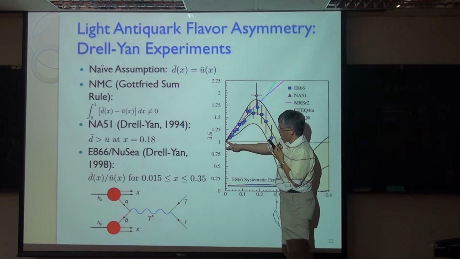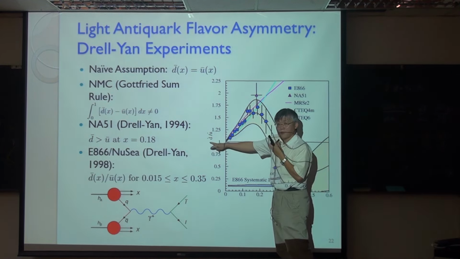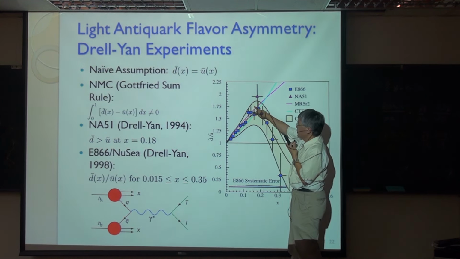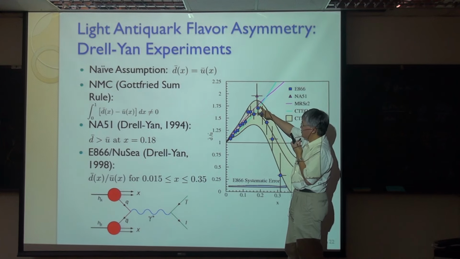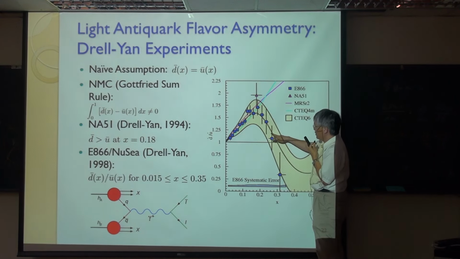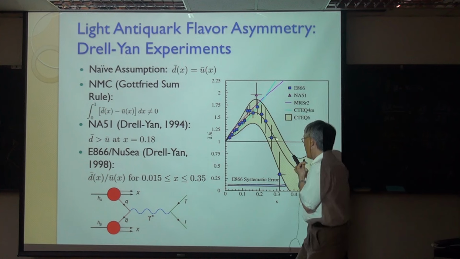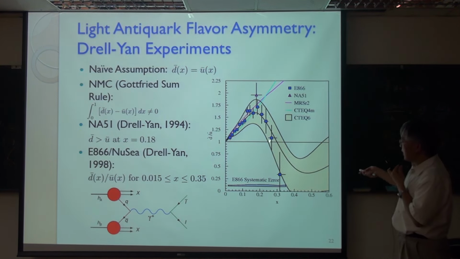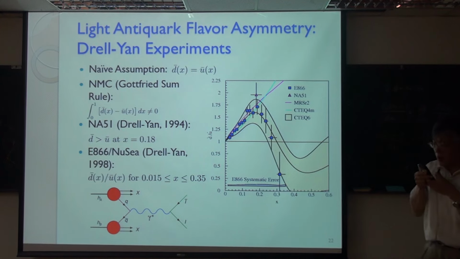It starts from an almost symmetric distribution at very small x, then gradually the asymmetry builds up, and then it comes down here. And of course, when it goes to a slightly larger x region, the error bar gets worse.